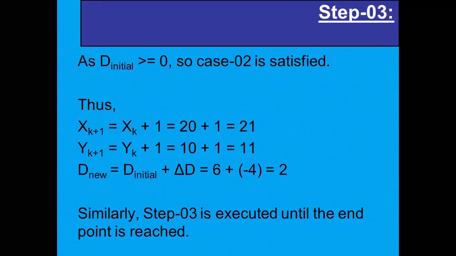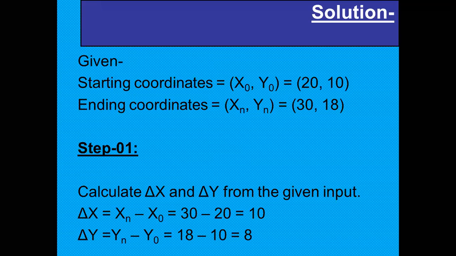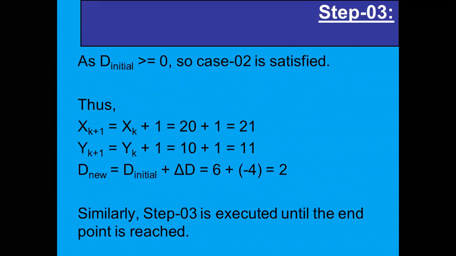Similarly, yk plus 1 is equal to yk plus 1. Again we consider the initial value, that is 10, plus 1 as per formula. So we will calculate the next value of x and y, that is xk plus 1 and yk plus 1, and we will get 21 and 11.